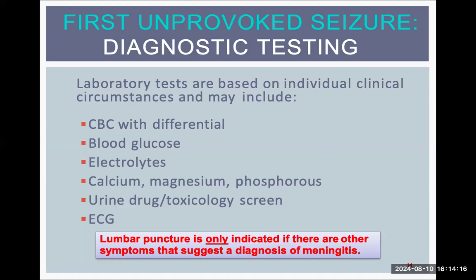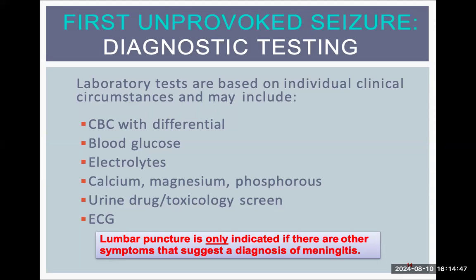So if there is any abnormality post-ictally, then you can think of doing those lab investigations. Because if the patient had a seizure, for example, due to electrolyte imbalance, it wouldn't stop, and the patient would not be fully back to his normal status if there was an abnormality without correcting it.